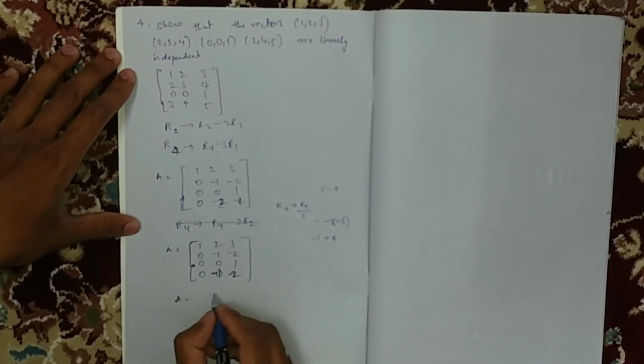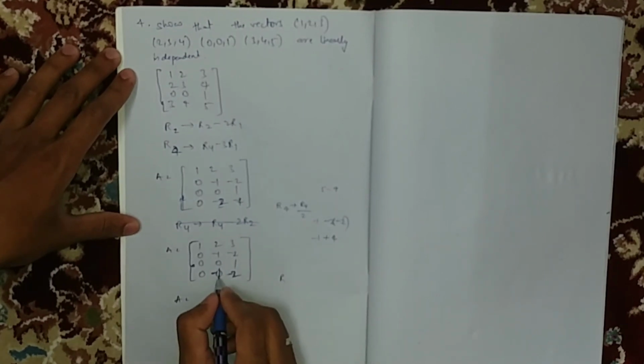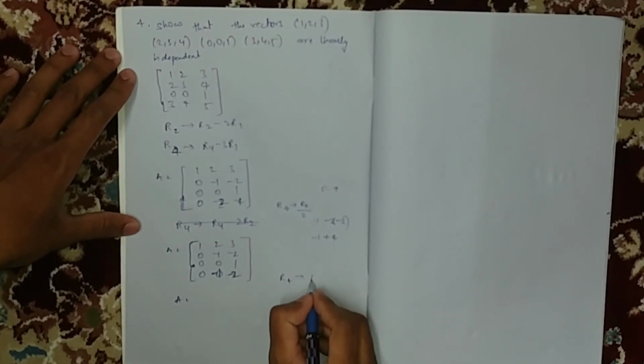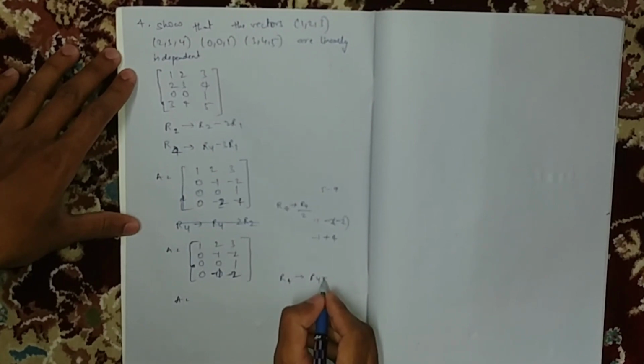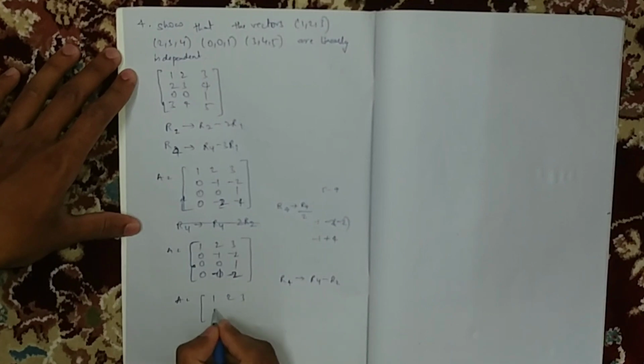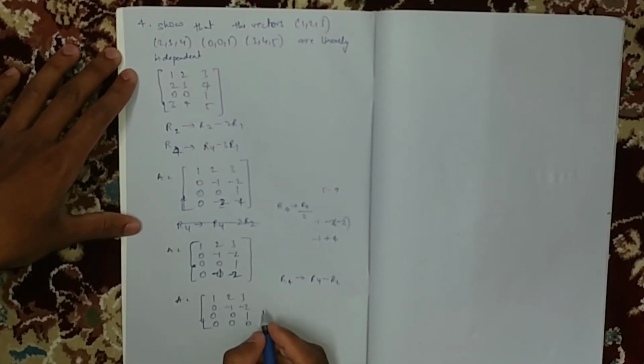Now we subtract these two rows: R4 gives R4 minus R2. So we get 1 2 3; 0 minus 1 minus 2; 0 0 1; and this row becomes 0.